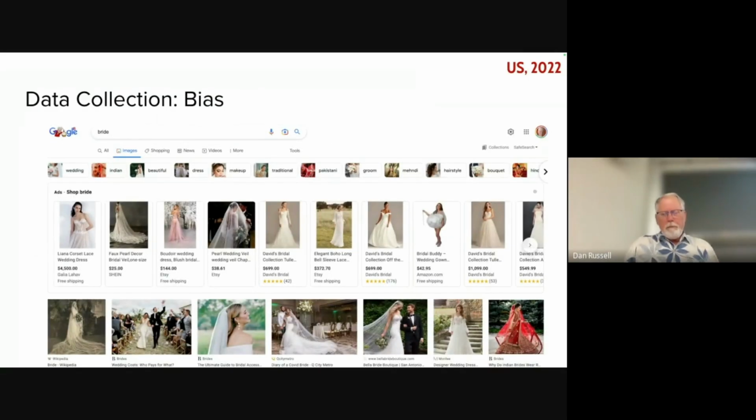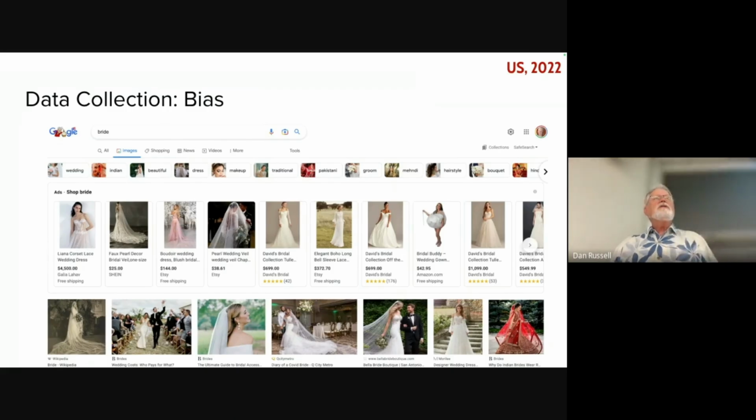So data collection is interesting because you can build, for example, a search engine. Here's Google as of 2022 for the query "brides." Do you notice anything interesting about that? A lot of white people there, right? A lot of Caucasian brides, and there's one Indian bride down there in the bottom right.